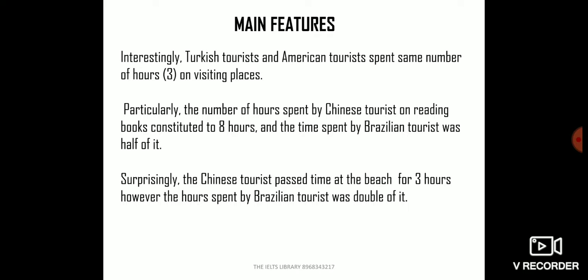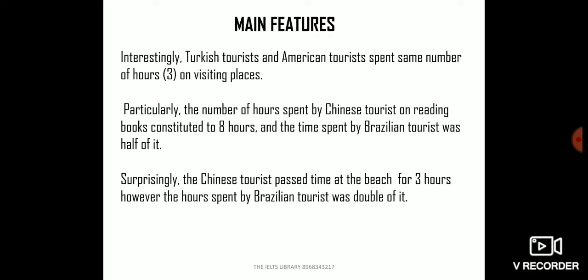I hope I have clarified my point. When you are mentioning the main features, make sure you first analyze the graph and find values that are double, half, maybe 4 times, maybe 2 times, maybe 10 times, something that is striking. And of course, the same value you can easily understand and plot, right? I hope this is clear.